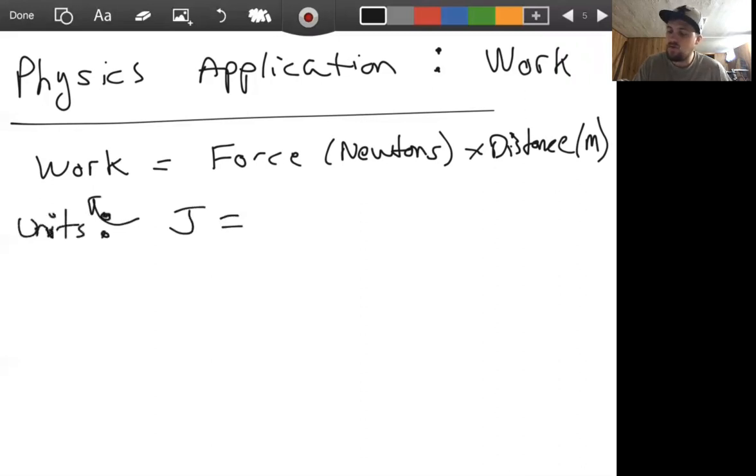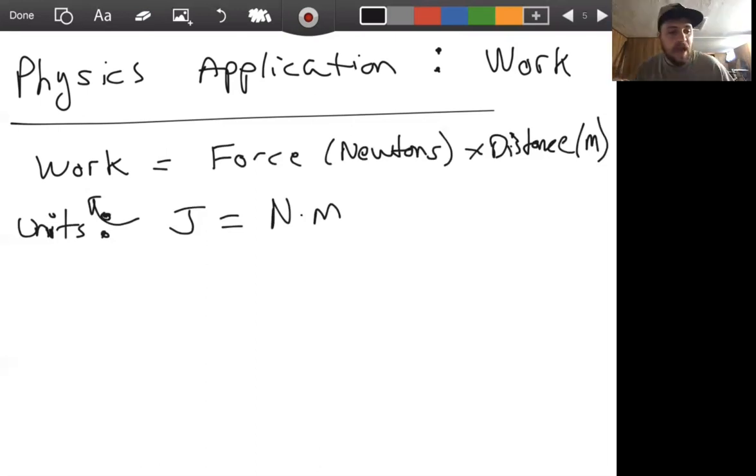Units are joules, which are Newton meters, right? And so work, if you remember, if you've taken physics or anything like that, gives you a value that describes how much work you've exerted to push, say, a given object. How much force did it take you to push an object this far? Or how much force did it take for an object to move a given distance, right?